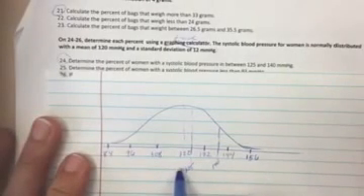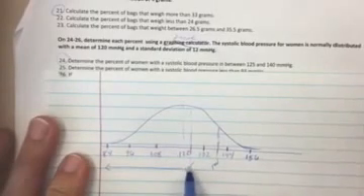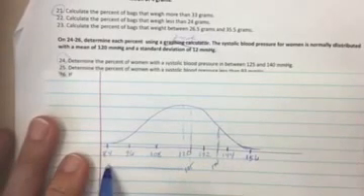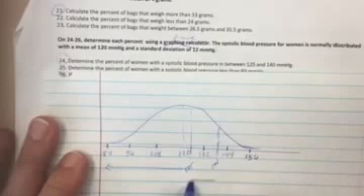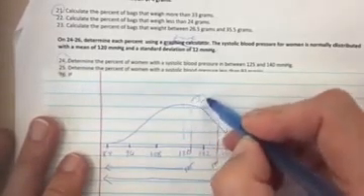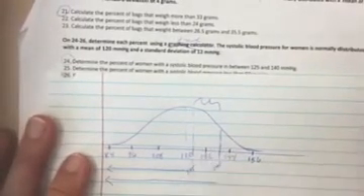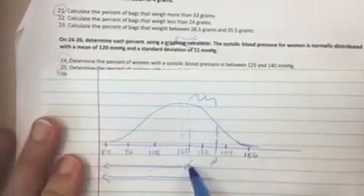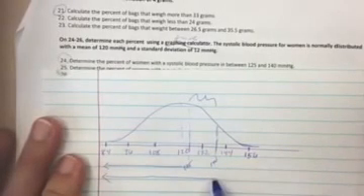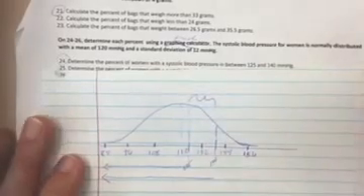We need to find the z-scores. We need to find out what percent falls beneath 125. We need to find out what percent falls beneath 140. And then we can subtract to find the percent that falls between. So that's our problem-solving strategy. Find the percent beneath here using z-scores, the percent beneath here using z-scores, and subtract, okay?